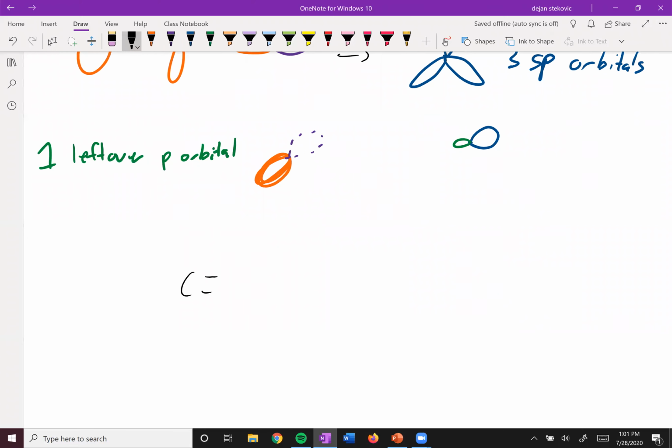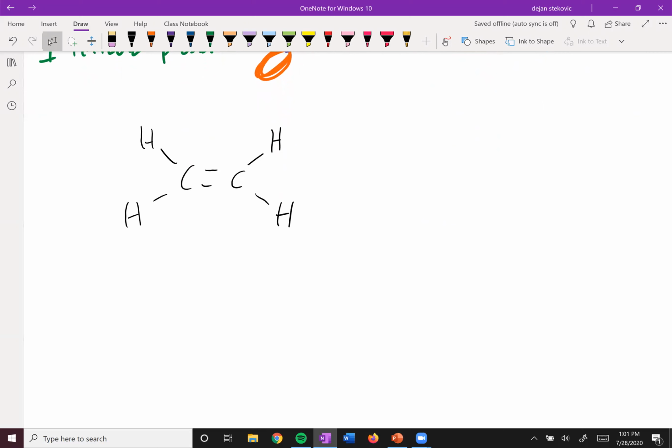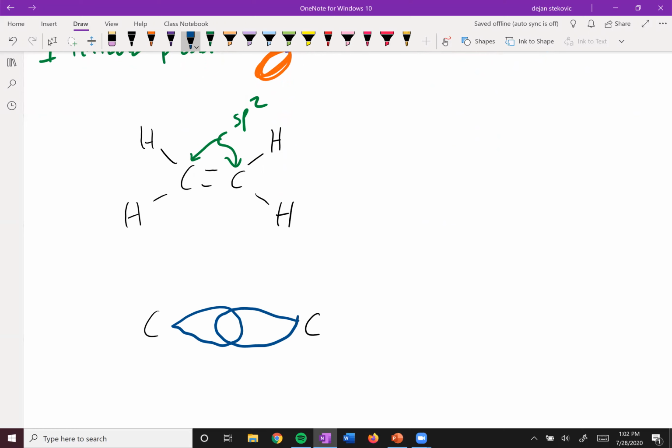So let's take a look at ethylene. We can see that both of these carbons have three things attached. So they're both sp2 hybridized carbons. And so we can do carbon, carbon, and they need to have three sp2 orbitals. So the first one will be with each other, right?